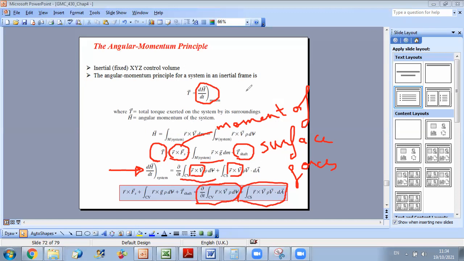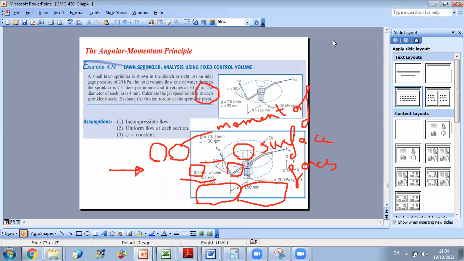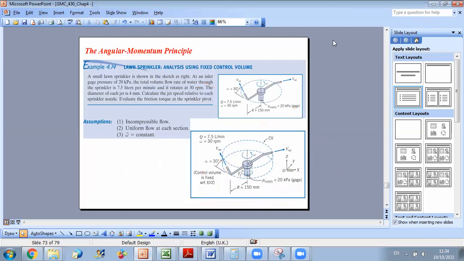Okay. So let us do a problem to apply the angular momentum principle. Consider a small sprinkler shown in the sketch at right. At an inlet, the gauge pressure is 20 kilopascal.